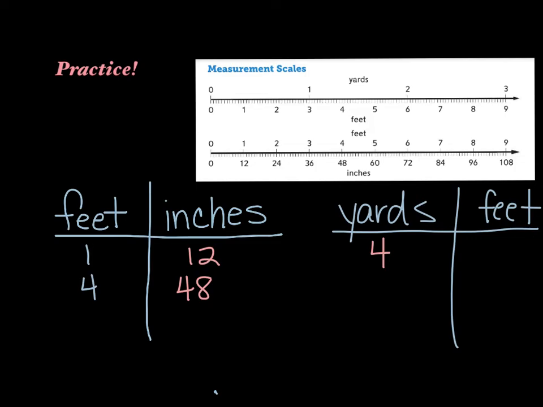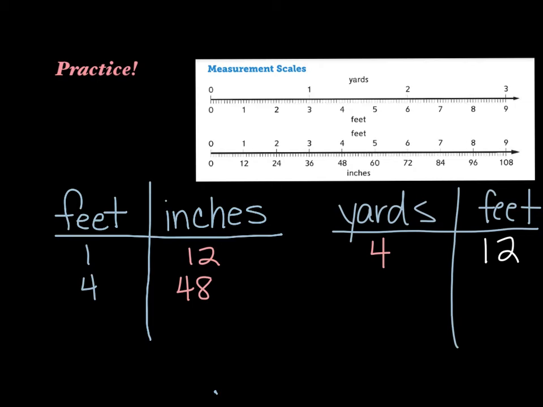Well, if I know how many feet are in 1 yard, which happens to be 3, could I multiply? The answer is yes. So I could take 3 feet times 4 yards, and that's going to give me 12 feet. So 4 yards would be 12 feet.